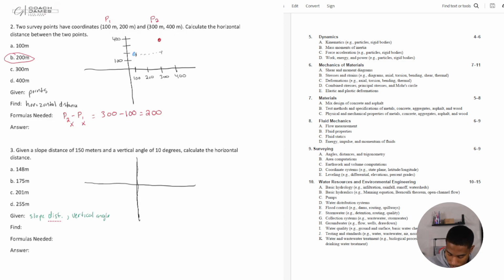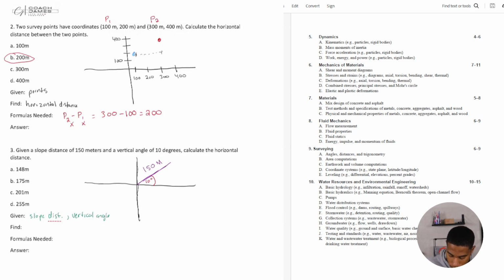So I know my slope distance, 150 meters, and it's at an angle, 30 degrees. So I drew it this way. Or not 30 degrees, I'm sorry, 10 degrees.